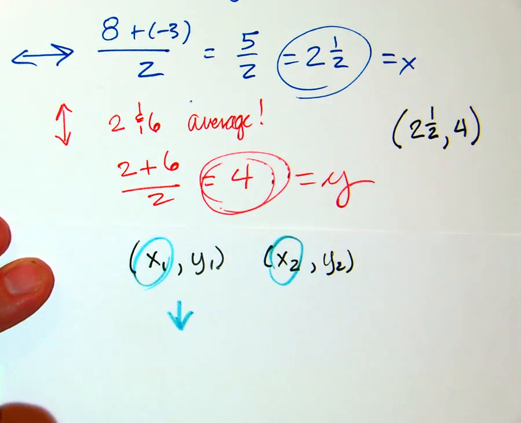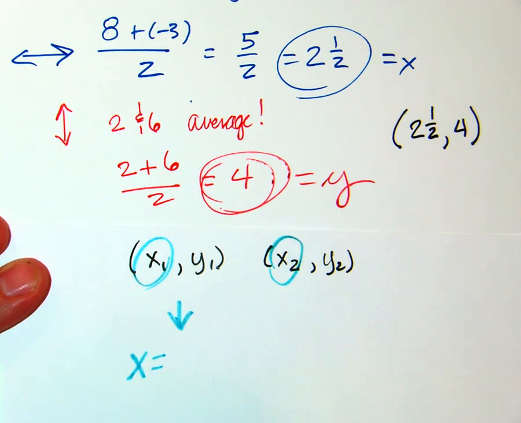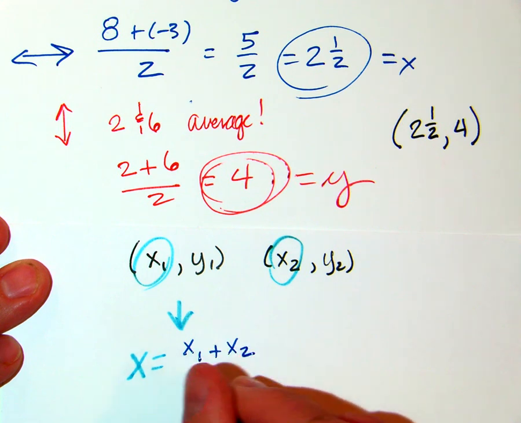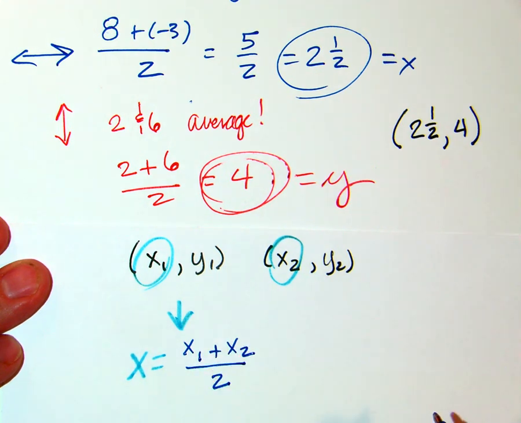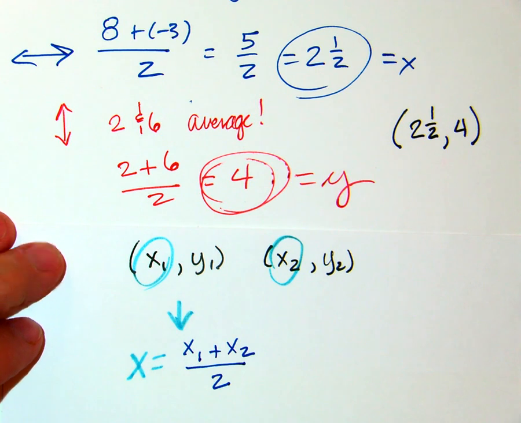So what will that look like? That means the x of my midpoint will be x sub 1 plus x sub 2 over 2. In other words, it's the average. The average of the x values is the x value of the midpoint. Okay, what did I do over here?